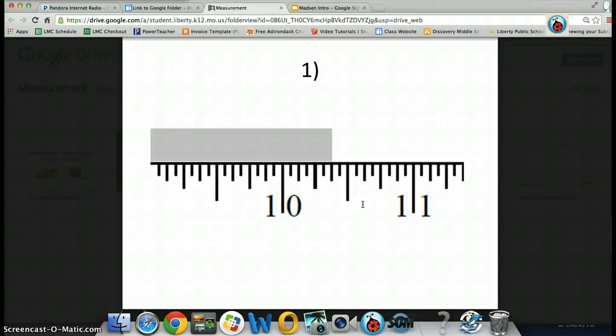Okay, this ruler is in 16ths. From the 10, I'm over 1, 2, 3, 4, 5, 6 tick marks. So my fraction would be 6/16, and the biggest full inch is 10. So I'm 10 and 6/16, and that would reduce down to 10 and 3/8 after I divide. Okay.